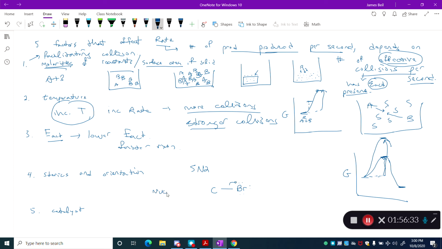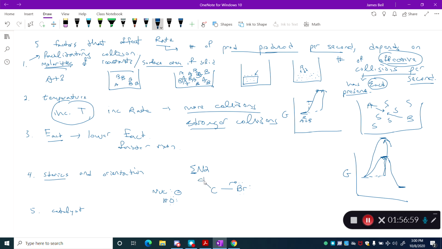And there's a nucleophile. The nucleophile could be an OH or something that has a negative charge and it needs to share its electrons to balance out its charge. So if I want to do a substitution reaction and bring in this OH to replace the Br, I have sterics as a concern.